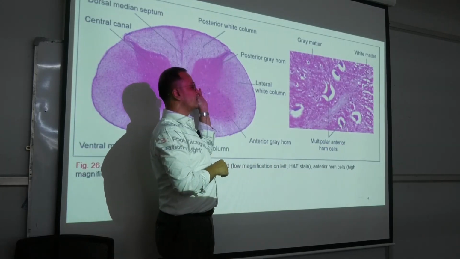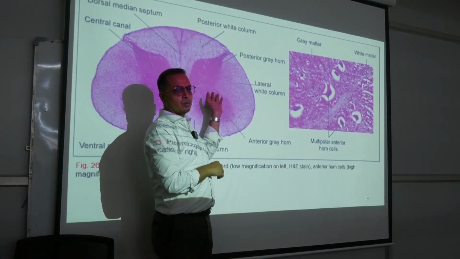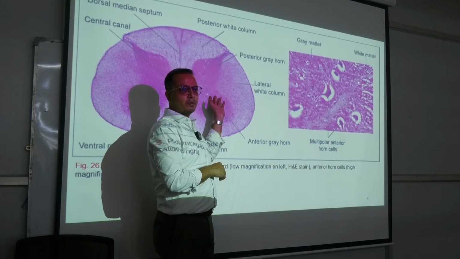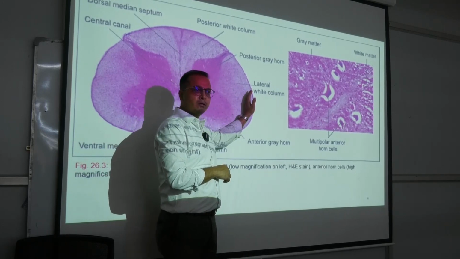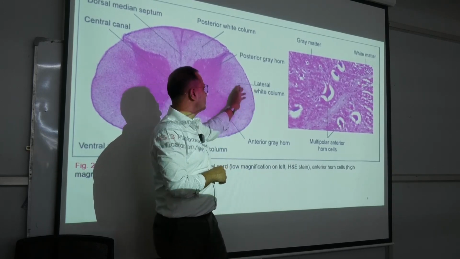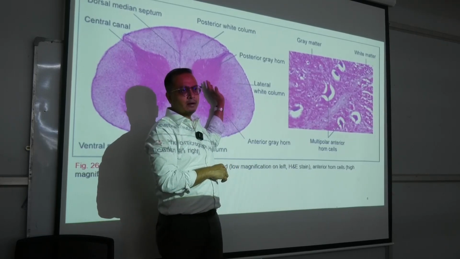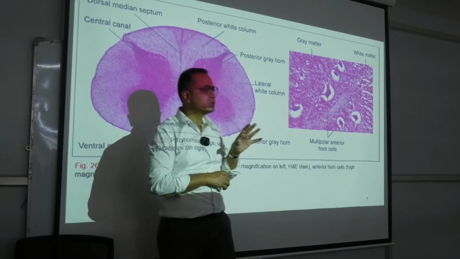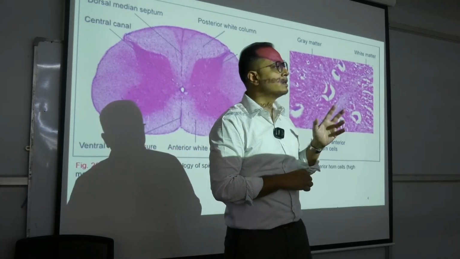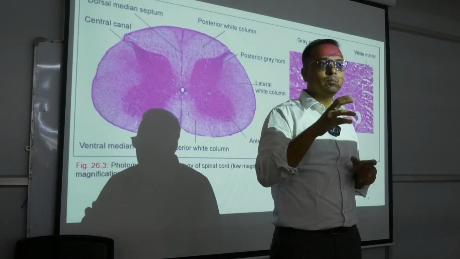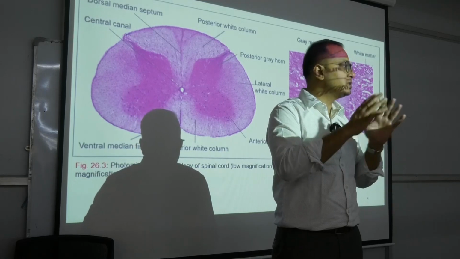Now, surrounding this central canal, we have the gray matter, which is the cell bodies of the neuron cells. If you move farther towards the margin, you will see the white matter. The gray matter and the white matter are composed of two structurally different elements of the neural cells. Neurons have two elements: cell bodies and projections.